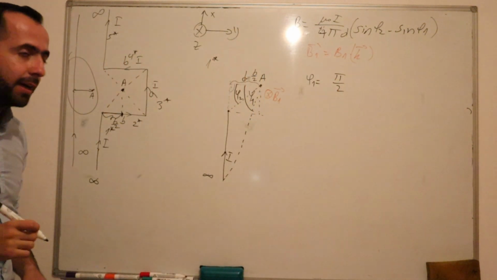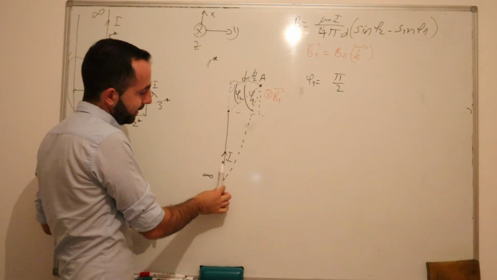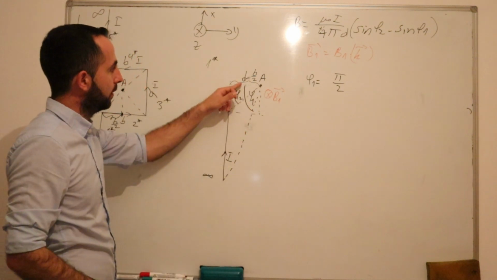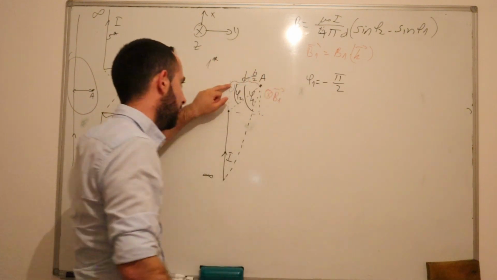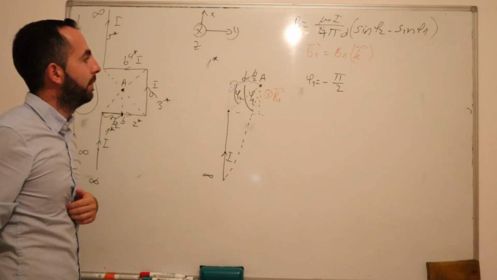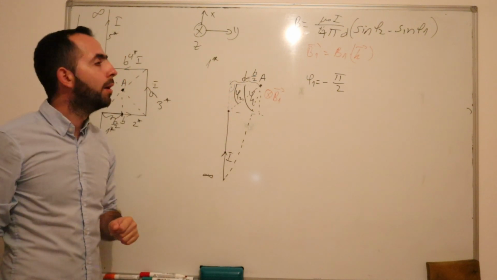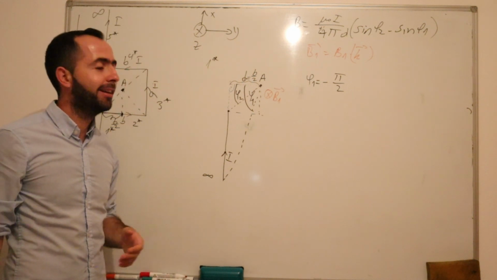Is it positive or negative? We see for angle phi1, the current enters this normal of this angle, so it is a negative angle. But now we need to find the phi2 angle. How can we find the phi2 angle?